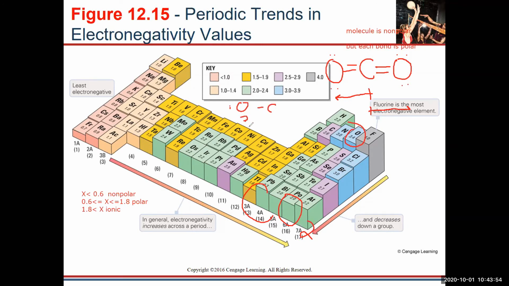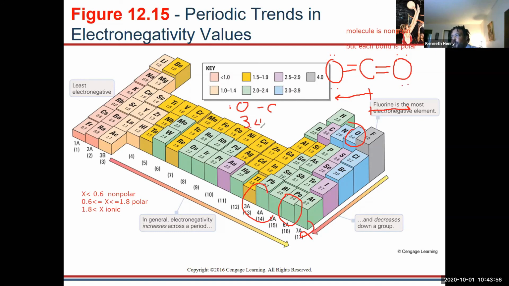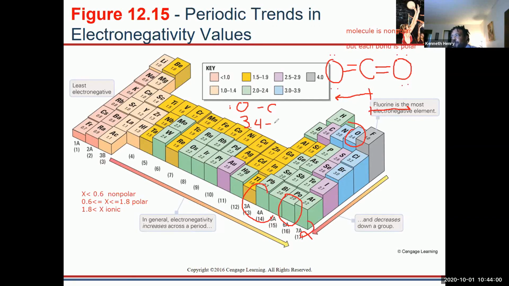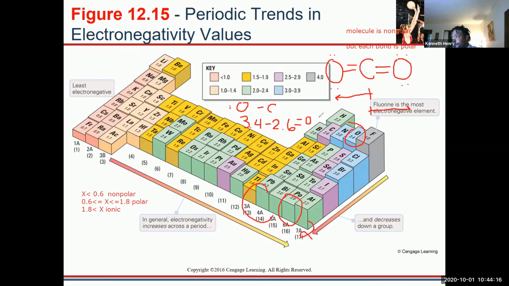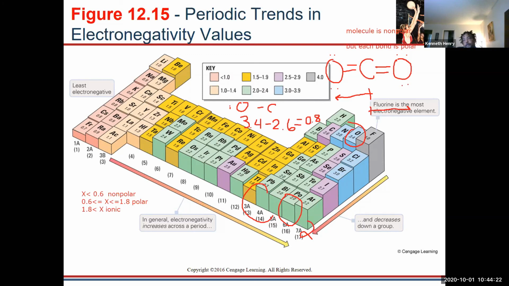So 3.4, and then we subtract the electronegativity of carbon, which is 2.6, and that's going to equal, check my math, I could be wrong.